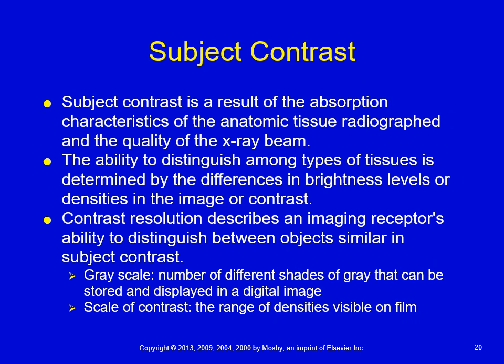All right, now we're looking specifically at the term subject contrast. So subject contrast is basically the difference between the tissues inside the patient that we're imaging. So we already know that the body is composed of muscle, fat, soft tissue, air-filled organs, etc. And because they're different, we already learned earlier that they're going to absorb or interact with that X-ray beam differently.